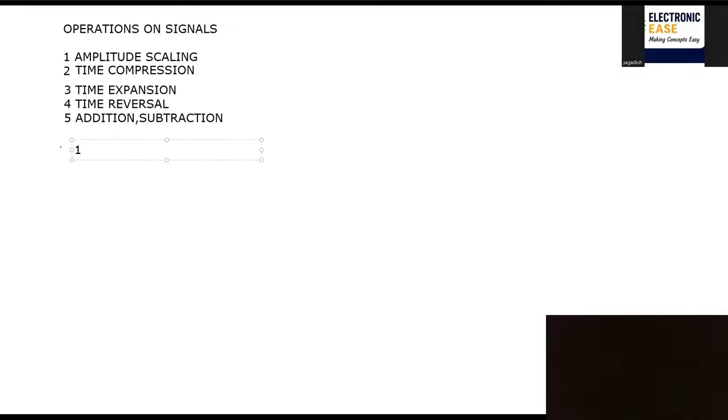Write down the subheading amplitude scaling. So in amplitude scaling, what happens, students?